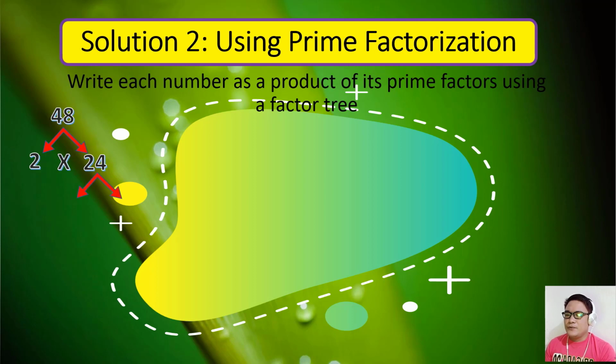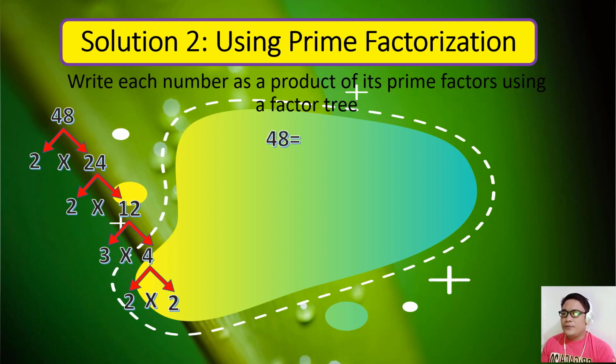Then next we have 24. 2 times 12. 2 times 12 is equal to 24. Next we have 12. 3 times 4. So 3 times 4 equals 12. Next we have 4. We have 2 times 2. 2 times 2 equals 4.